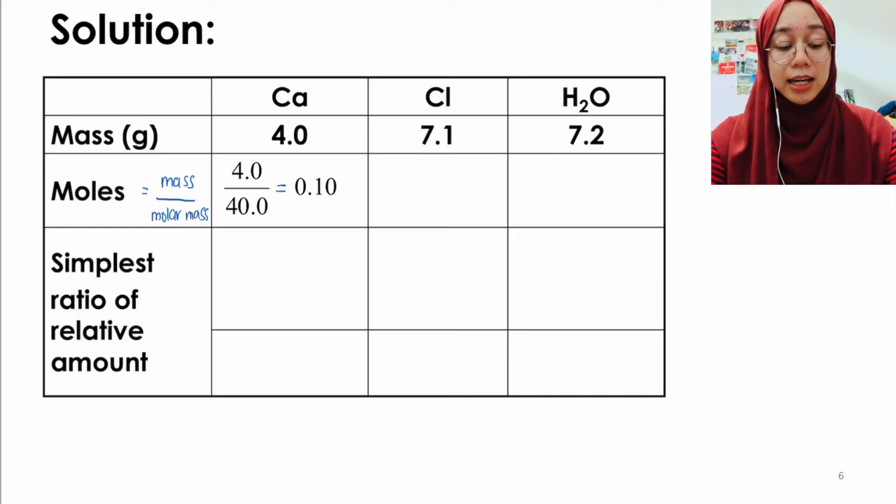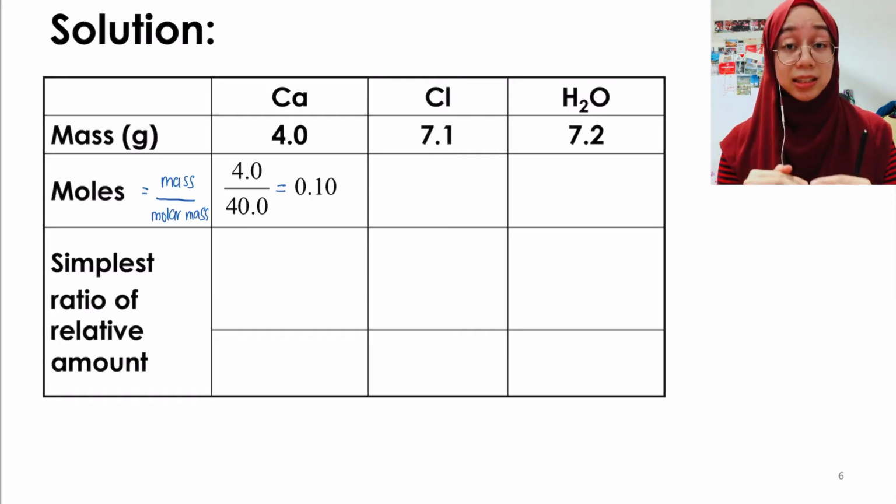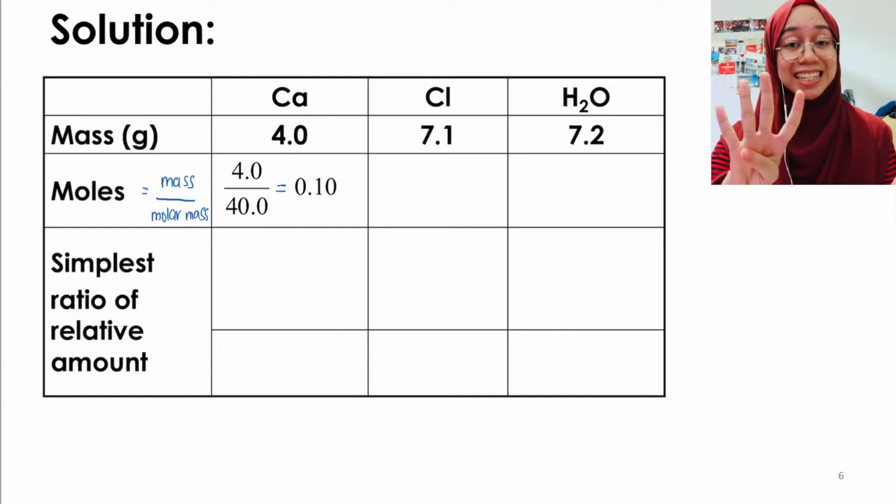One thing Miss forgot to mention in the previous video when you learned about moles: during calculation, as long as you are not at the final answer, while you are still in ongoing calculation, you need to use at least 4 decimal points. Sometimes Miss will use 5, depends.